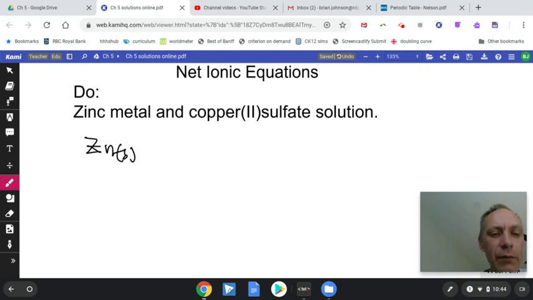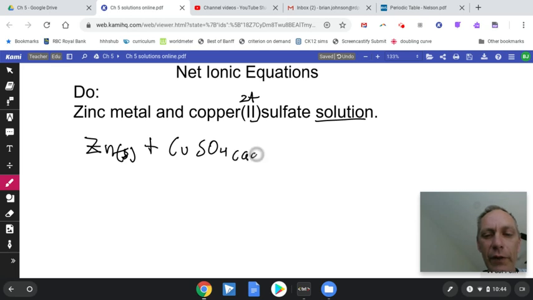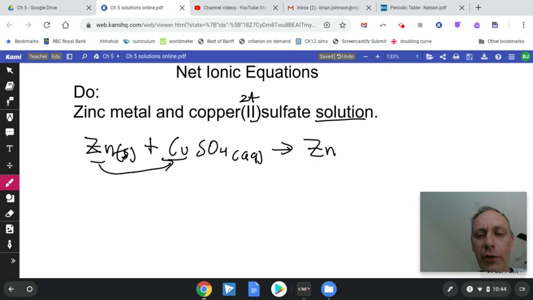Okay, zinc metal is a solid, reacts with copper 2, so that's 2+. SO4 is a 2-. It's a solution, aqueous. Looks like it'll be a single replacement. The metals will trade spots. So zinc is also a 2+, so we get zinc sulfate.